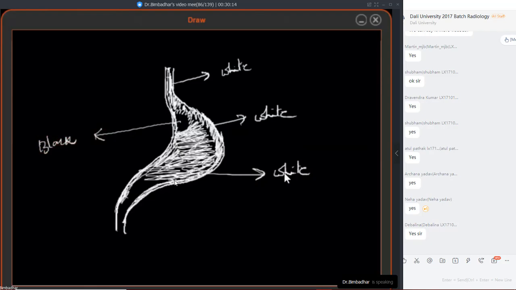If I call this the filling of the barium all over the surface, there is one defective area where the barium is not filled. It is called a filling defect. Simple. Is there any confusion? Did you understand this? Yes or no?